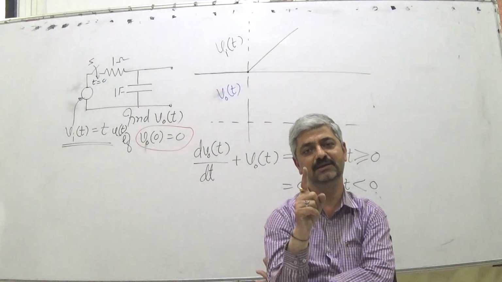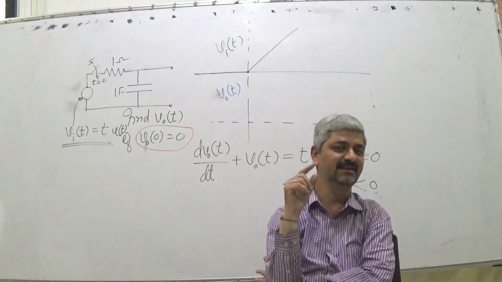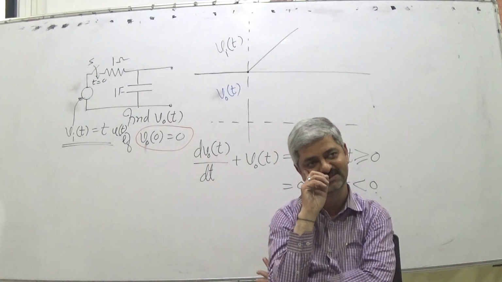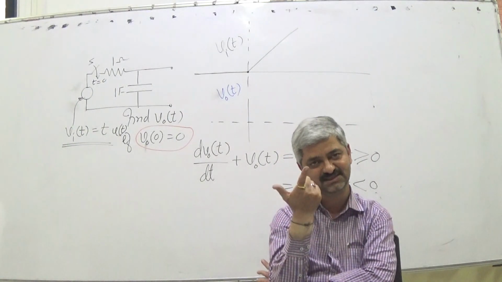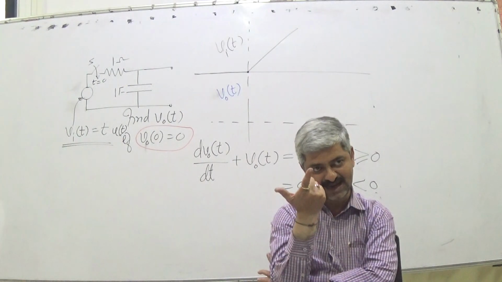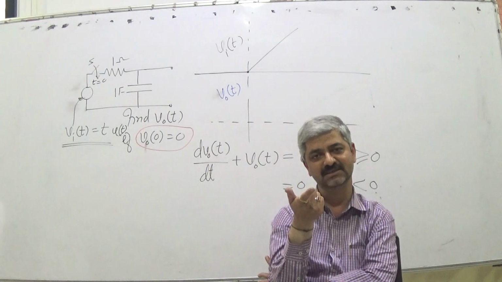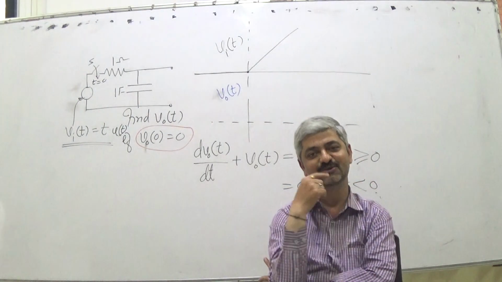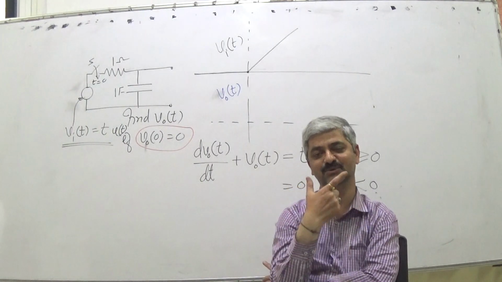So the function is such. Earlier when dVOT by dt plus VOT was 1, we were saying the function is such that the function plus the rate at which it is changing is constant. That is 0, function plus rate at which it is changing is 0.